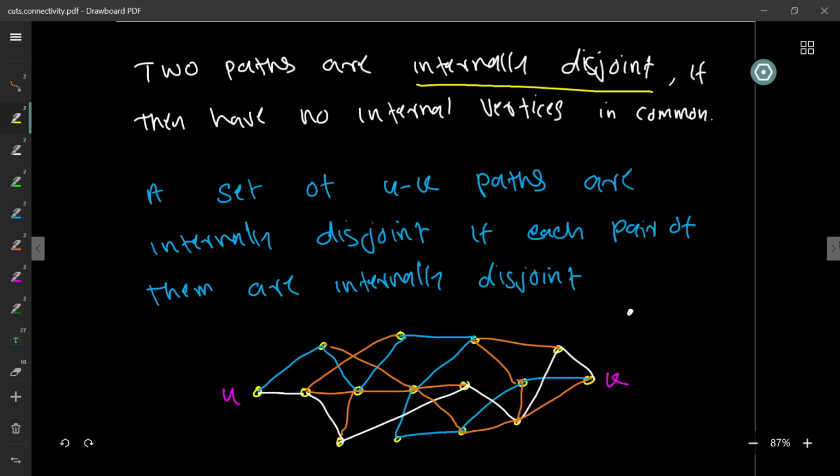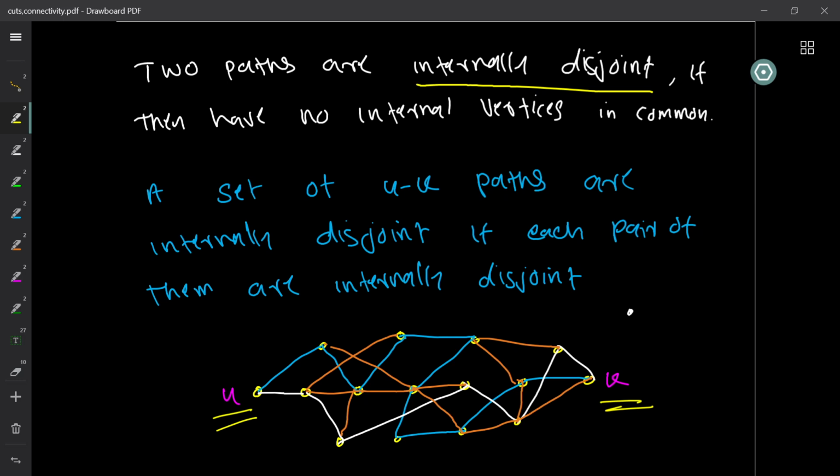You have the vertex U and the vertex V, and let us look at the paths. The blue path here has no vertex in common with the white path, right? So the white path and the blue path have no vertices in common except U and V. Therefore, these two paths are internally disjoint.